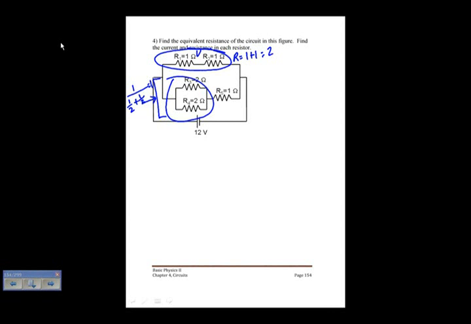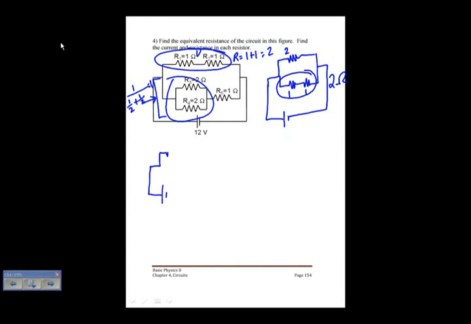Now let's just redraw this a little bit. I have a 1 ohm, 1 ohm, and a 2 ohm. Now I want to combine these two, and that gives me an equivalent of 2 ohms.